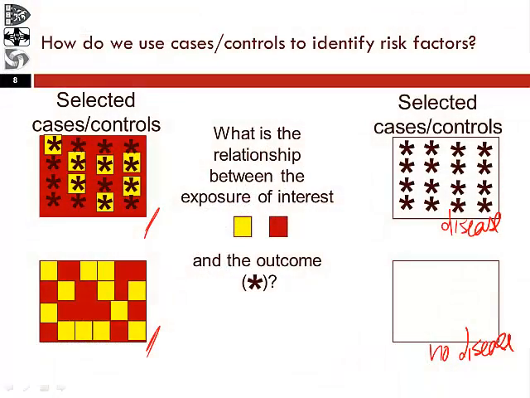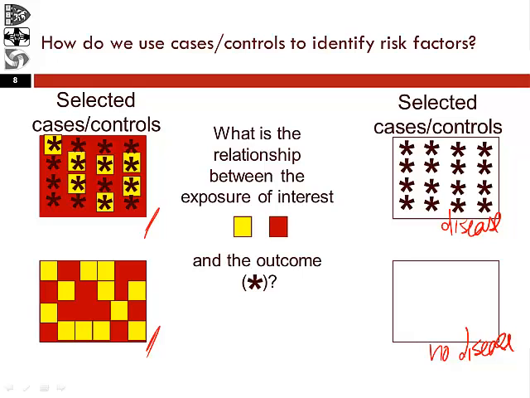So let's think about case control studies. Are case control studies appropriate if we have a rare exposure or a rare outcome? Do we prefer a case control study if we have a rare exposure or a rare outcome? A rare outcome.